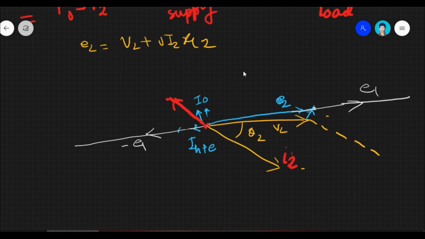Now how to find out I0 minus I2 dash? So this is minus I2 dash, we just have to place I0 here.